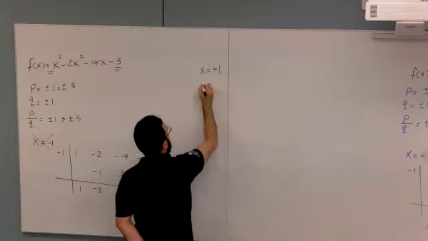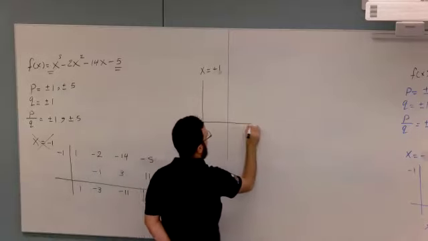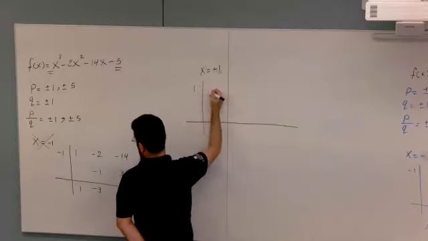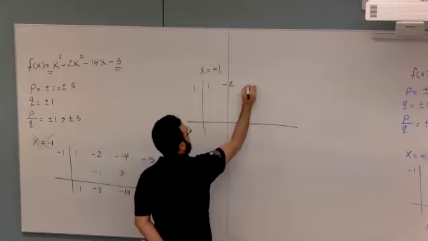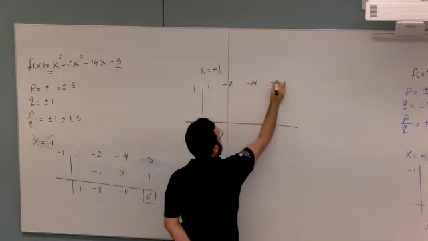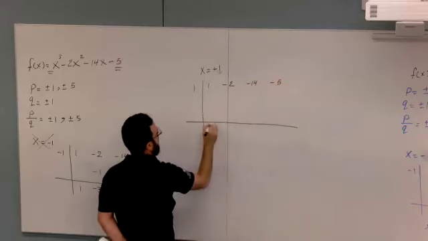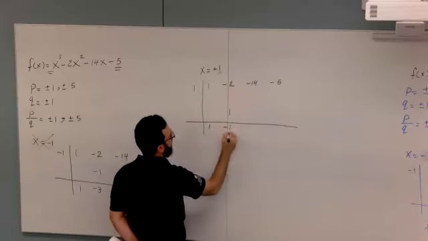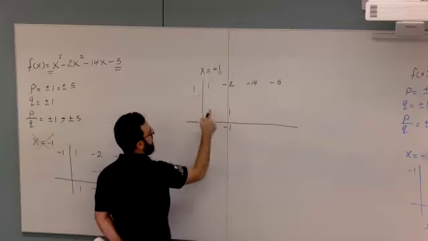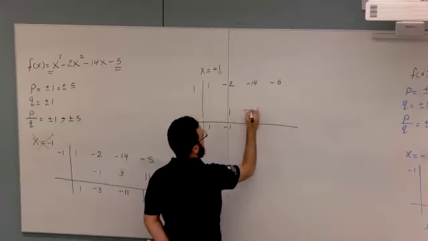It's the same thing. 1, -2, -14, and -5. There's 1. 1 times 1. 1. Add these together. -1. 1 times -1. -1.